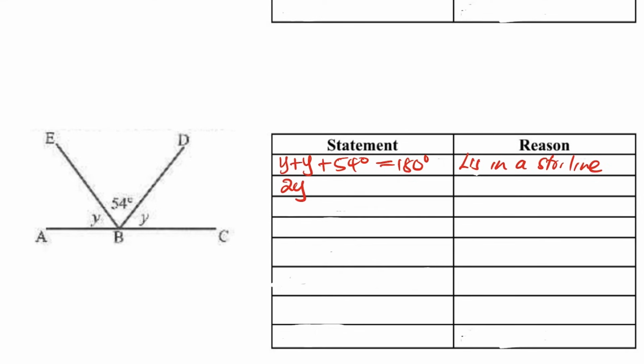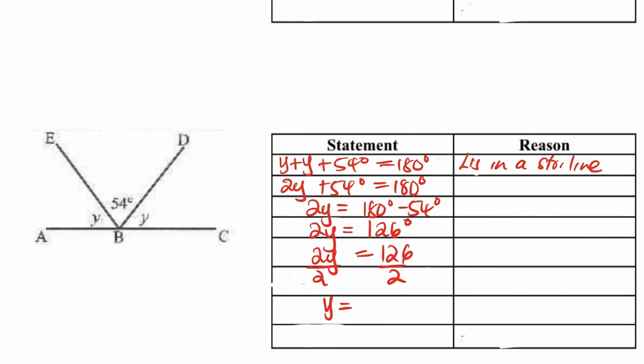So that will be 2y plus 54 degrees equal to 180, and then we have 2y is equal to 180 degrees minus 54. Then you have 2y is equal to 126, and then we divide by 2 both sides, so y is going to be 63.